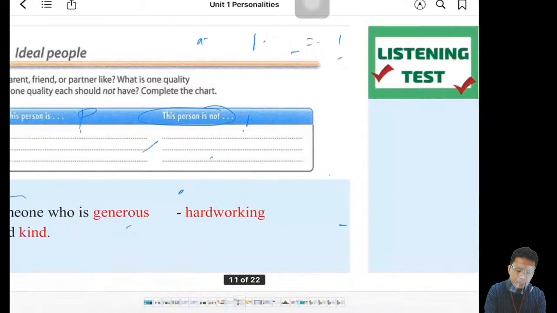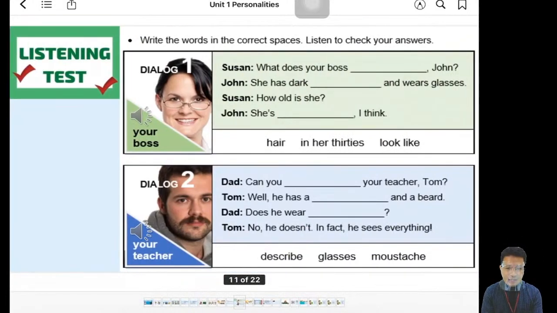Moving on, let's have the last type of activity. We are done with the reading, we're done with the writing and sort of speaking activities. This time, let's have the listening test. I am going to read or say the lines of the two dialogues here.